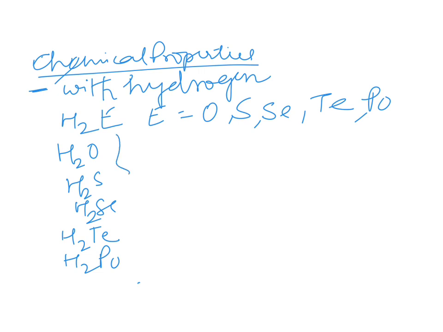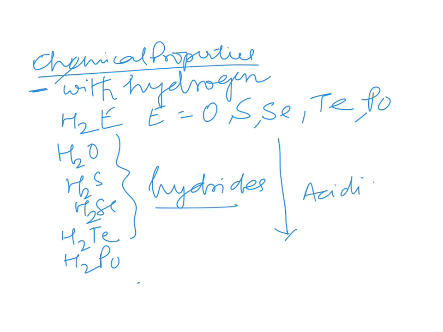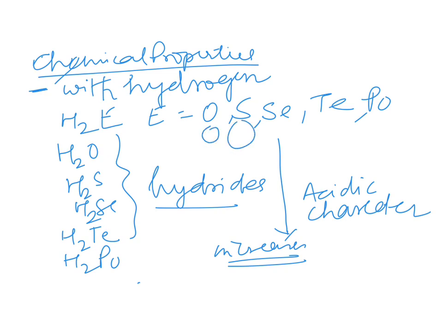So we can call these hydrides. Now, what happens to the acidic character when we go down from top to bottom? So what you see is that it increases down the group. Why? The size of oxygen is less, then the size becomes bigger and bigger.